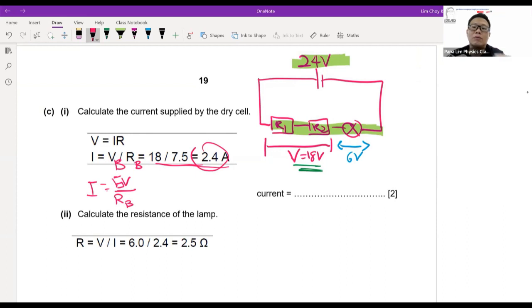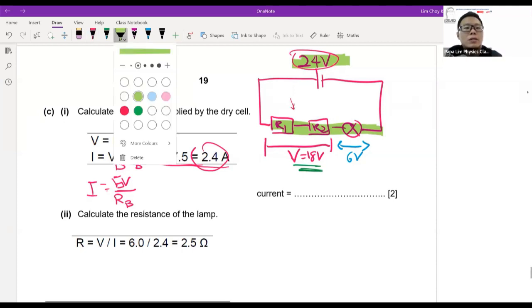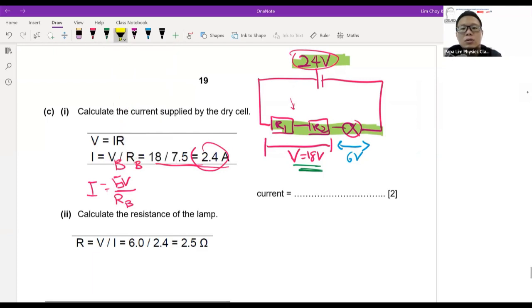But in this case I will not advise using this because I do not have the resistance of the light bulb yet. So I will stick to either the total voltage divided by total resistance, or the voltage across AB divided by the resistance across AB, whichever is more convenient for us.